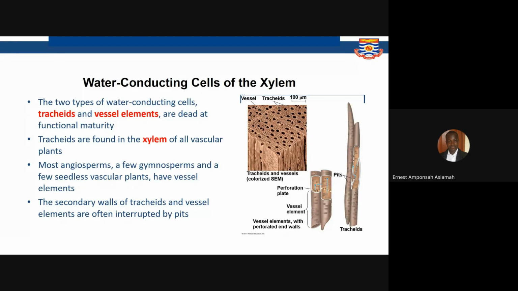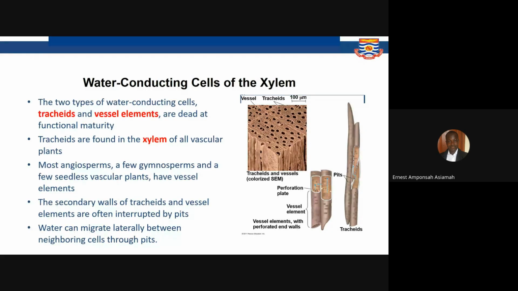The secondary walls of the tracheids and vessel elements are often interrupted by pits. So, for example, this represents the xylem. You have the tracheids and also the vessel elements, and you notice in their walls there are some perforations which we call the pits. Because of the pits, water can move from one vessel element to another.